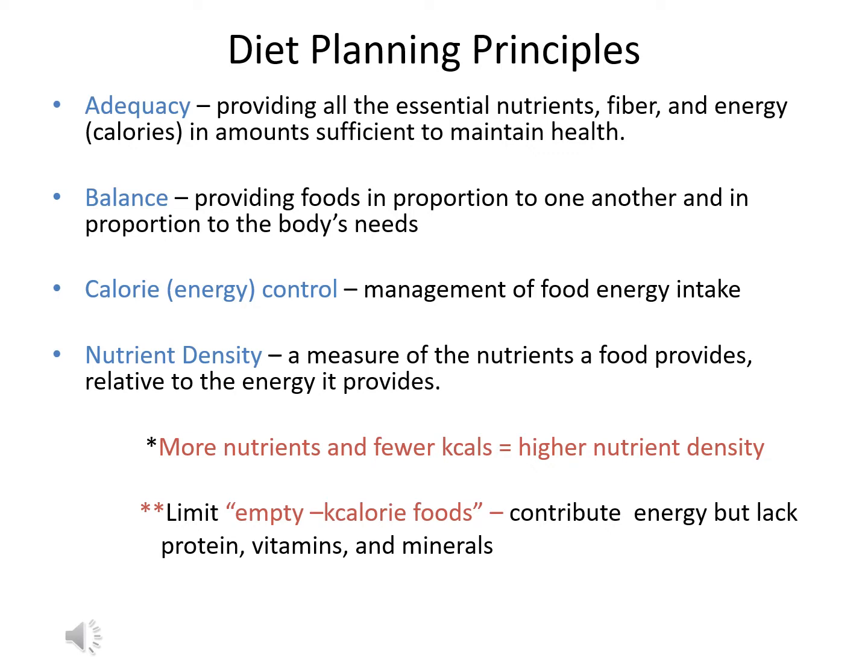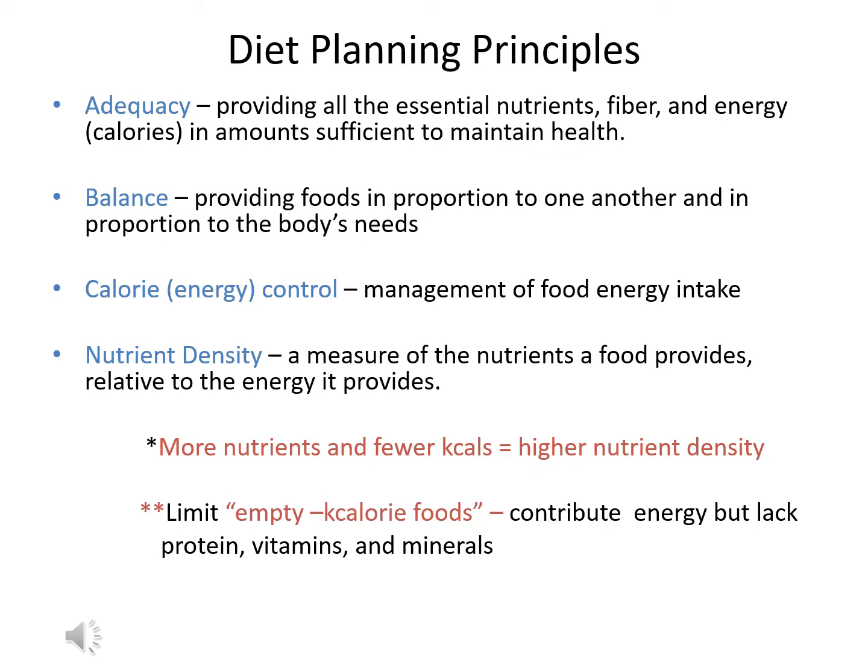The fourth diet planning principle is what's known as nutrient density. And nutrient density is defined as a measure of the nutrients a food provides relative to the energy it provides. To put it in a more simple way, the more nutrients and the fewer calories that a food has, the higher its nutrient density.